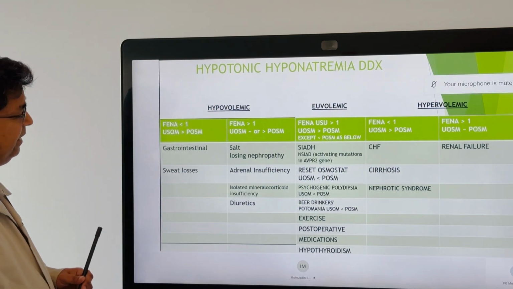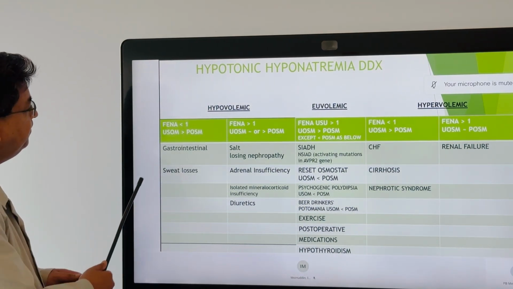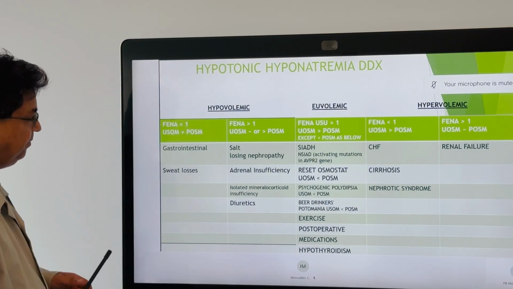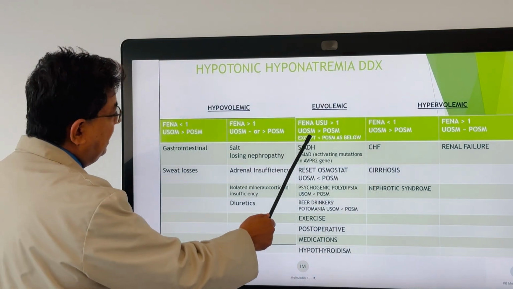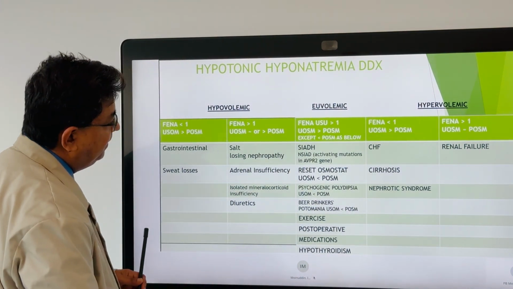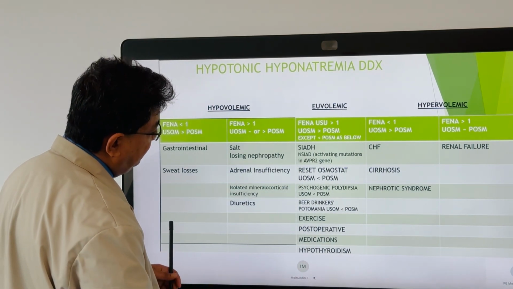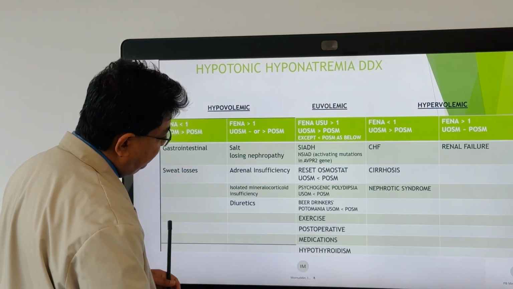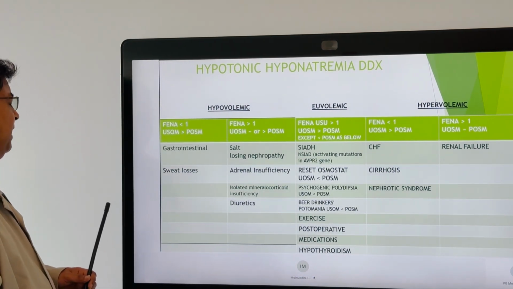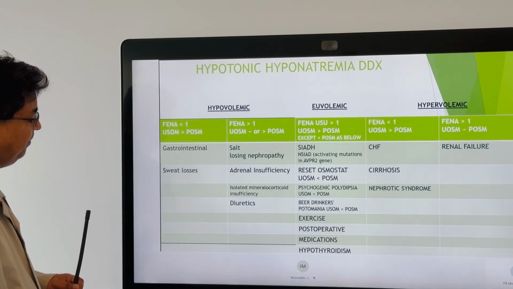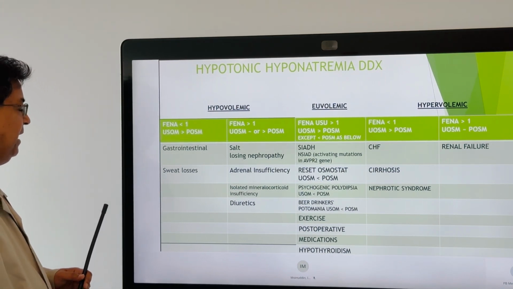You can see that almost always the urine osmolality is greater than plasma osmolality, except it's less than plasma osmolality in reset osmostat, psychogenic polydipsia, or beer drinkers' potomania. The fact that urine osmolality is greater than plasma osmolality indicates the presence of ADH.